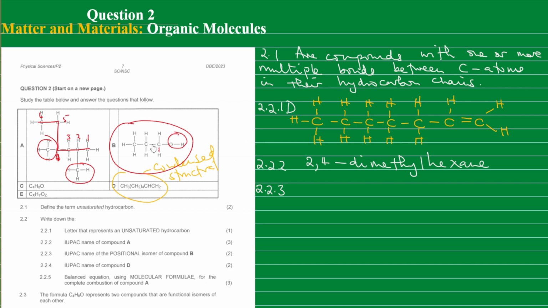Again, when we number our carbons, we start from the one closest to the functional group. So our functional group is the hydroxyl group, so we number our carbons starting from there.